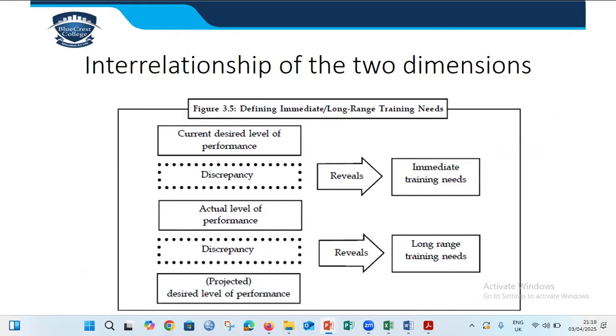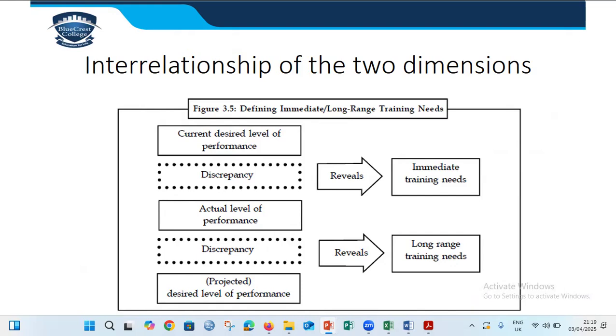And where you have long range training needs or future training needs, then what it means is that the discrepancy is as a result of the actual level of performance against the desired level of performance.